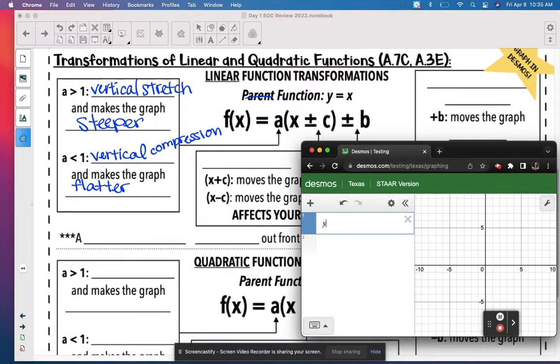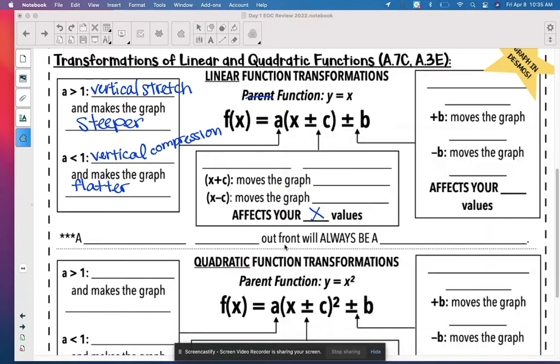So let's say I had y equals x plus 2. And it moved my graph to the left 2 units. So because this number is positive, it moves our graph to the left. Which means that if we have a negative, it's going to move our graph to the right. So this is considered to be a horizontal shift.